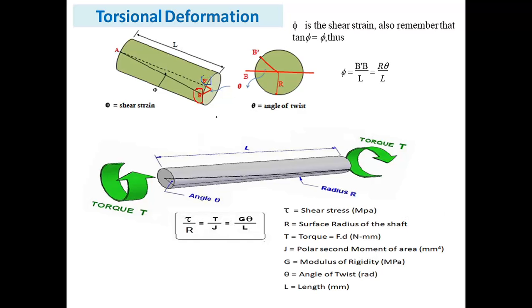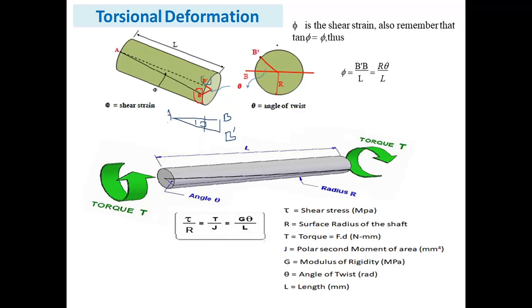And thus the angle BAB dash, this is B, this is A, and this is B dash, is denoted by phi, that is the shear strain.